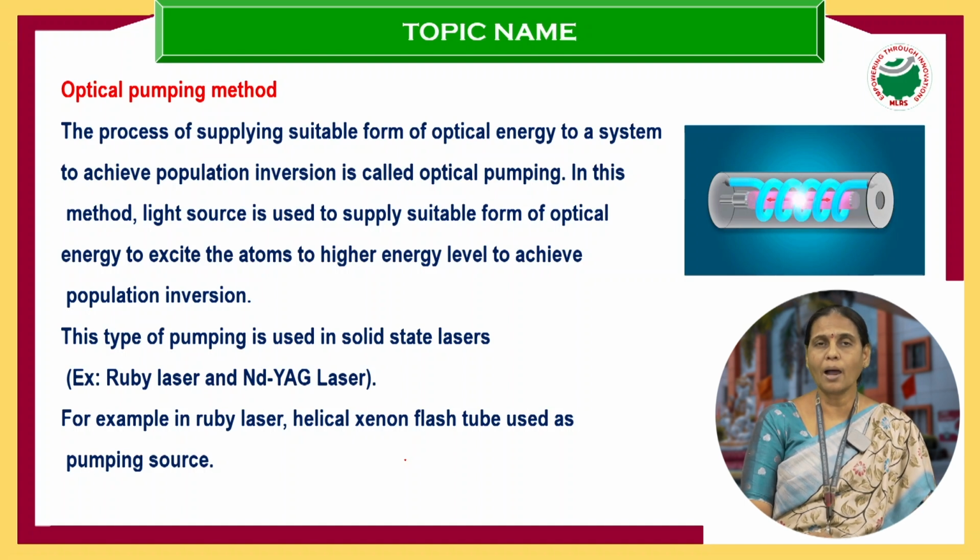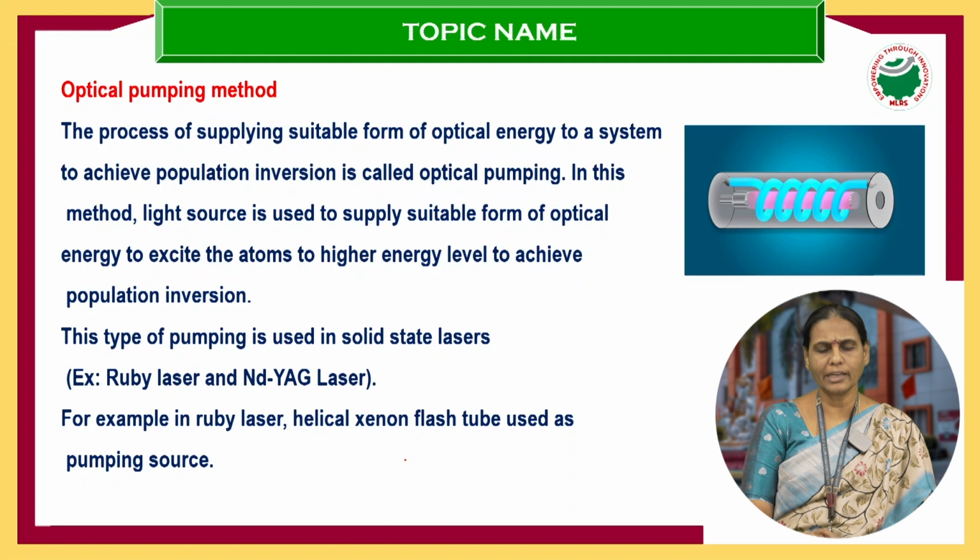Let us take the example of a ruby laser, where we will be using a xenon flash lamp. A xenon flash lamp is a normal light source, in the form of a normal LED light or a normal bulb. So that is supplying energy for the lower energy state atoms. Once that energy is absorbed by the lower energy state atoms, they are getting excited.